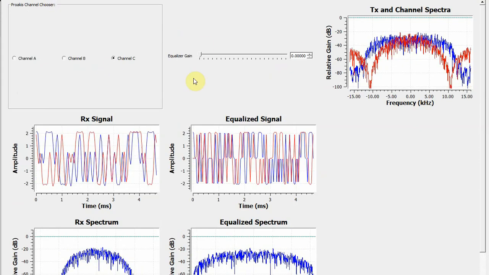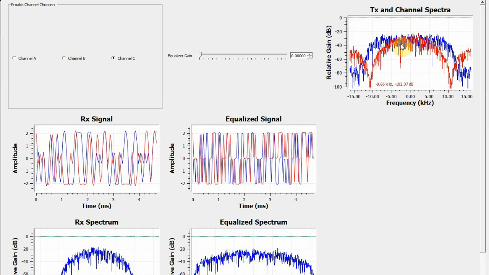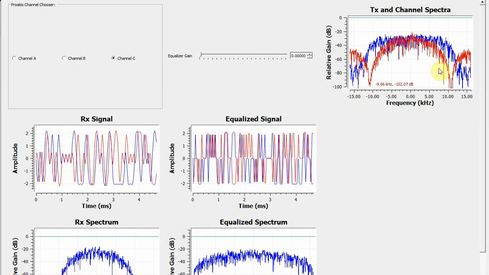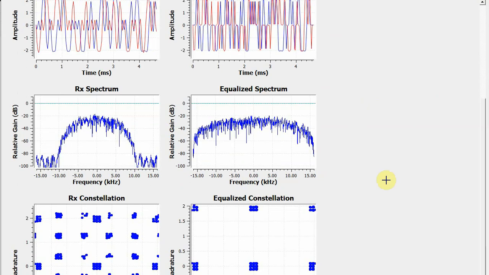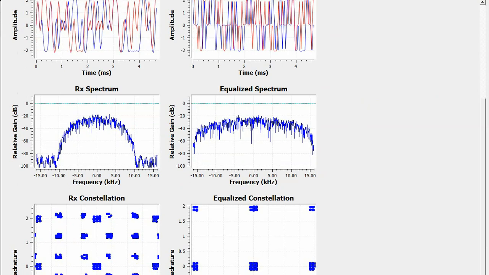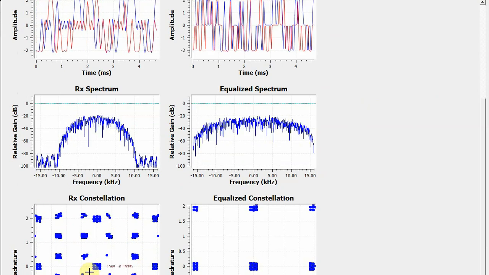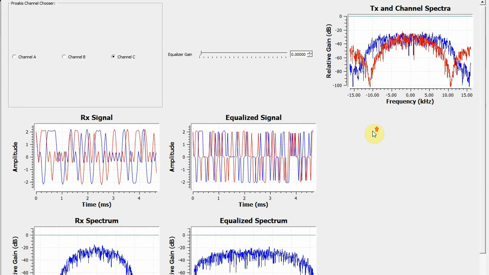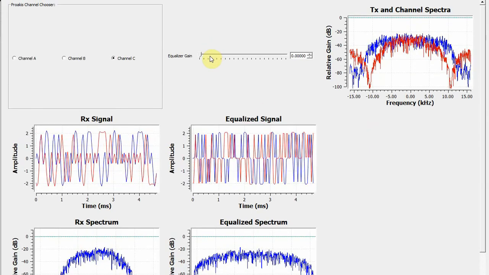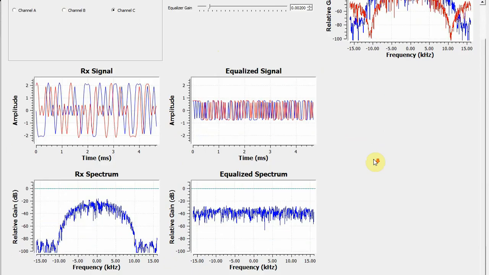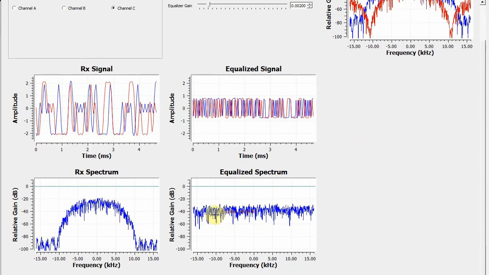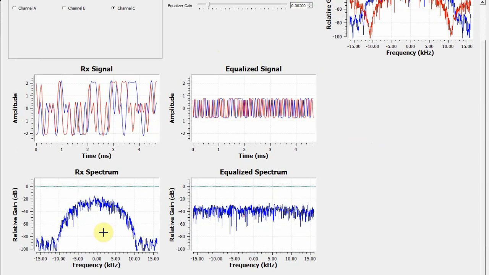And if we look at channel C, then it actively creates nulls within the signal bandwidth. This is the harshest channel among these 3, and that's why you can see that it seems to be quite a difficult job to overcome this kind of distortion. However, once we start with an equalizer gain, we will see that the equalized spectrum is relatively flat.